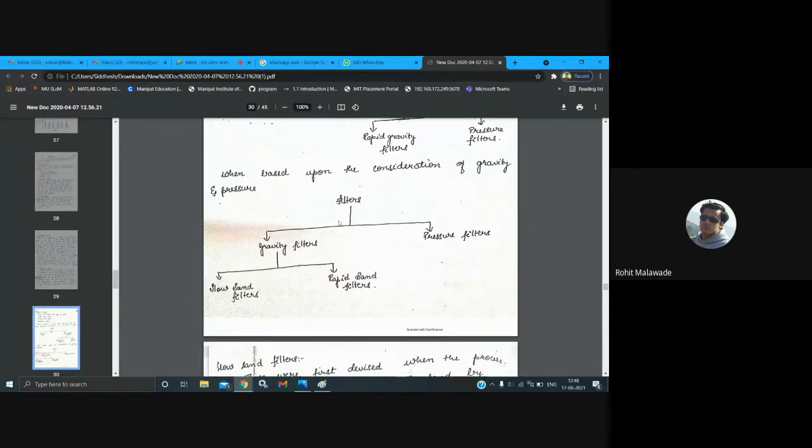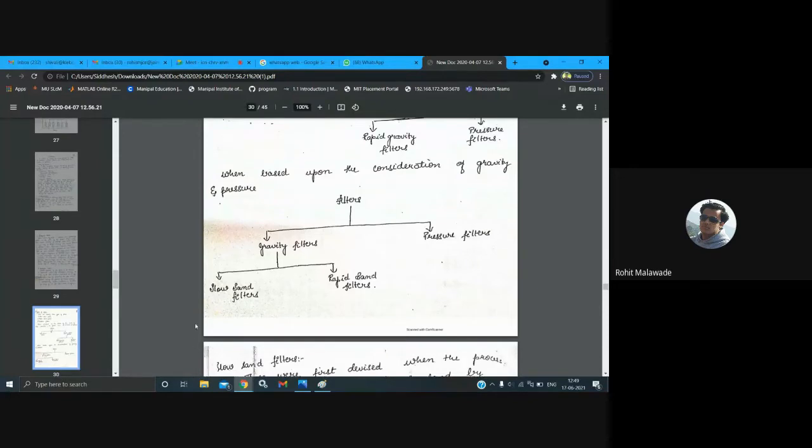Now, what is a gravity filter? When we allow the water to flow in this particular filter, and the particles get settled down by their own gravity, or we remove the suspended particles by gravitational force, then we call it a gravity filter. When we apply a certain kind of pressure in order to filter, then we call it a pressure filter.